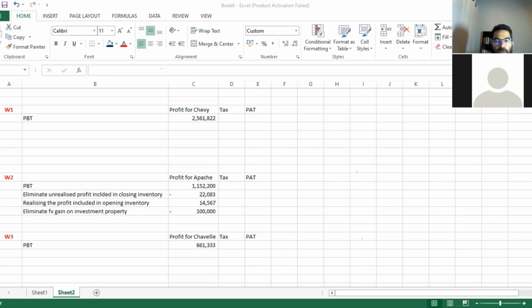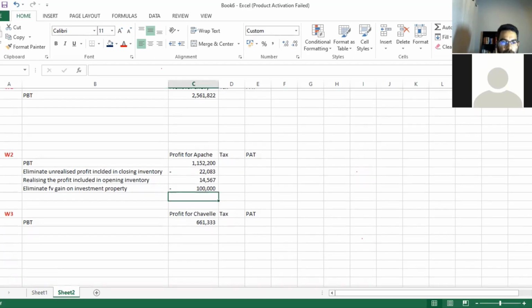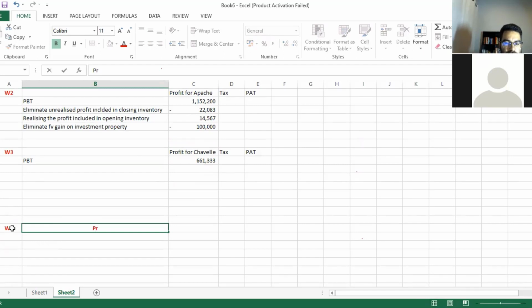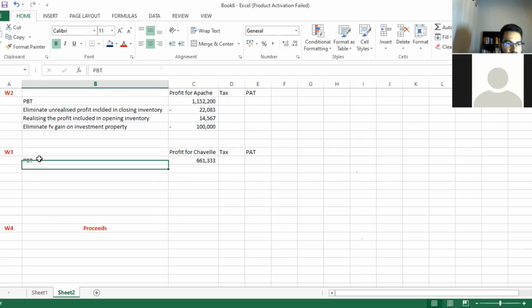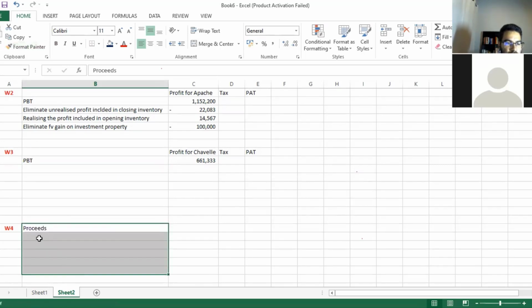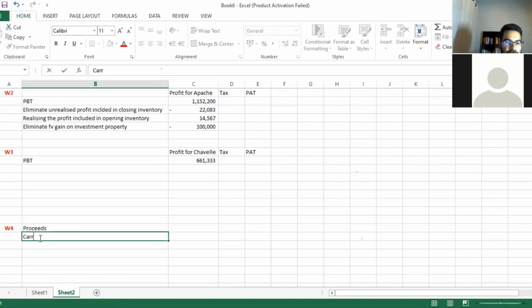So we don't know what the profit is, we don't know what the depreciation is, so now we're going to have to calculate that. So we will have a new calculation over here, I'm just going to put it for now over there, working for. So we're going to have proceeds, and then we're going to have carrying amount.